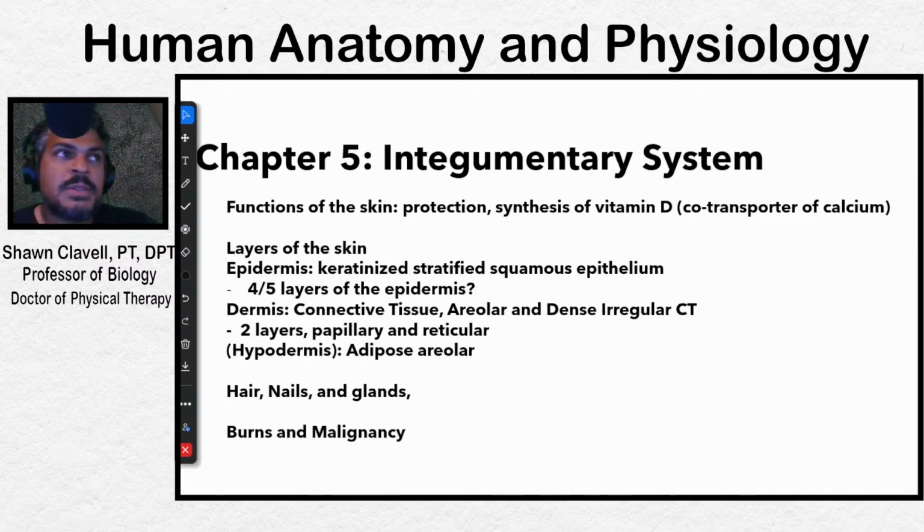Burns and malignancy. So the types of things that can develop as a result of the overgrowth of potential cells. And what layer do they occur in, right? Like melanoma occurs in what layer of the skin? What are the cells that are involved with that?